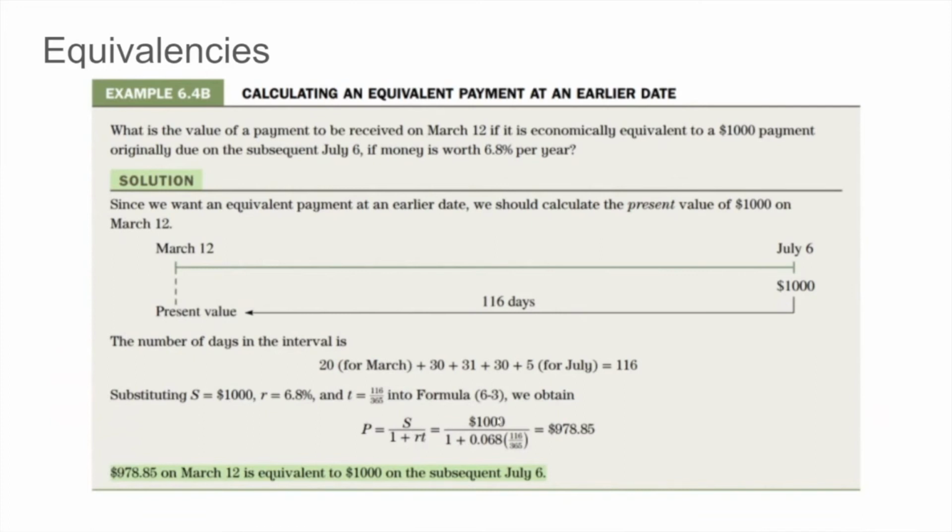So S, which is the future value, is 1,000, over 1 plus the rate, which is 0.068, times the time, which is 116 days divided by 365, and that will come to 978.85. So in other words, 978.85 on March 12th would be equivalent to $1,000 on July 6th. Okay?